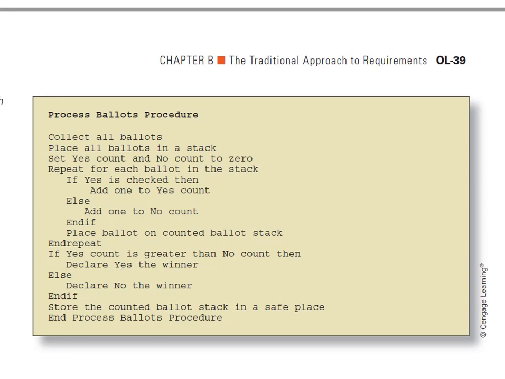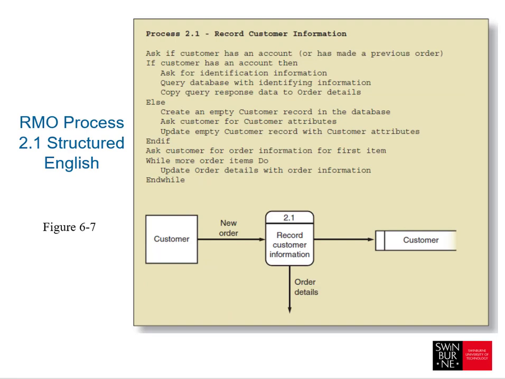So likewise you can develop process descriptions. So this is another example. This example is for our Ridgeline Mountain Outfitters process 2.1. Process 2.1 is recording the customer information.